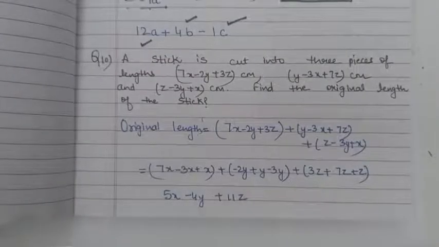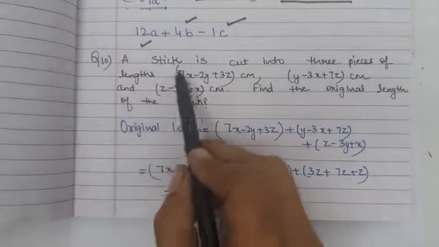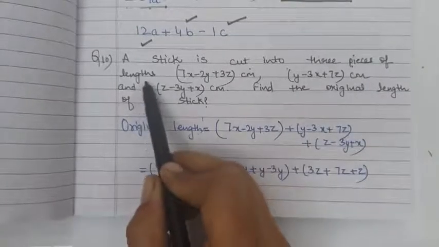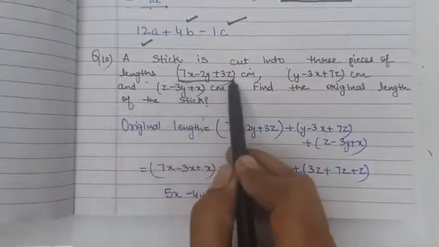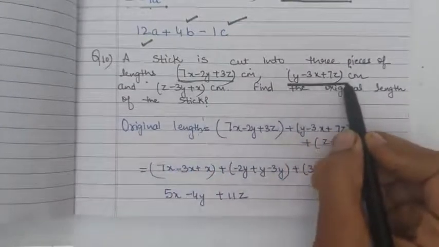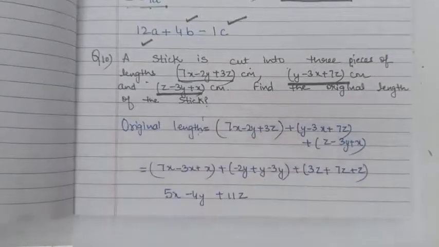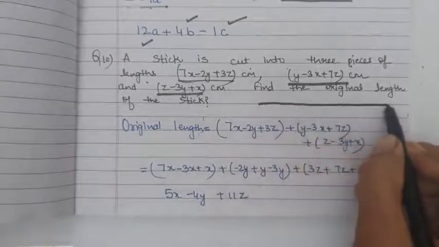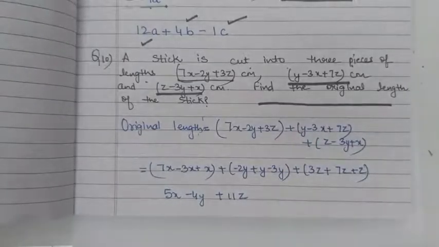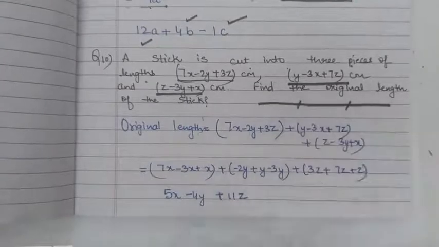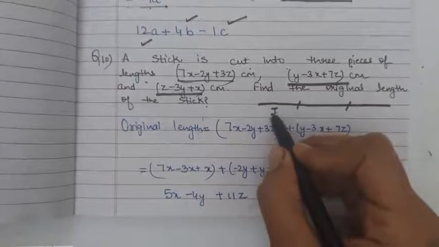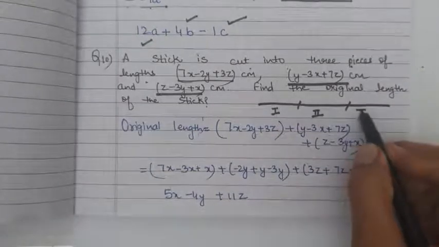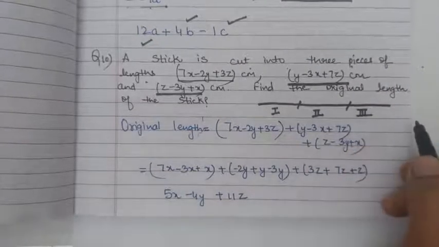Now the next question is, a stick is cut into 3 pieces of length. The first length is this, the second length is this, and the third length is this. Means you have a stick like this and it is cut into 3 pieces. The first length is given to you, the second length is given to you, and they have also given you the third length.